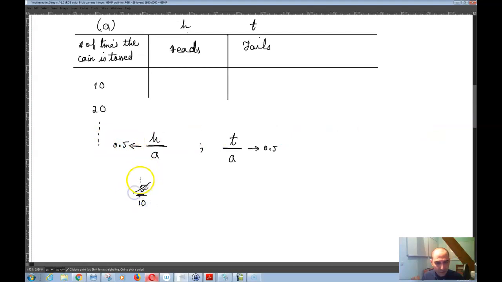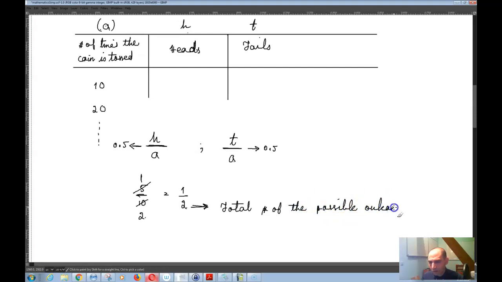And if I divide this by 5, I'll get 1. If I divide this by 5, I'll get 2. So 5/10 is the same thing as 1/2. And in this experiment, as you can see, this 2 would or might correspond to the total number of the possible outcomes of the experiment.